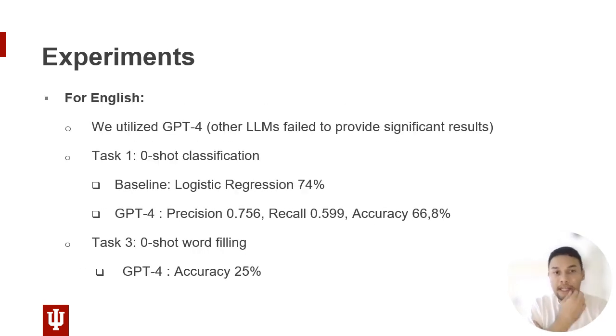Now looking at English, we see that GPT-4 yielded the best results, but still under the results of our baseline model for task 1. And for task 3, we noticed that GPT-4 had an accuracy of about 25%.